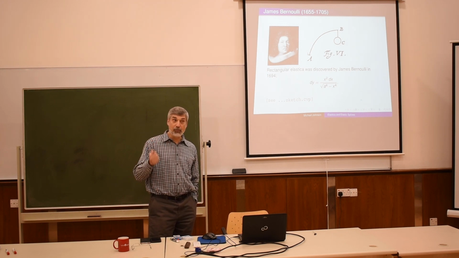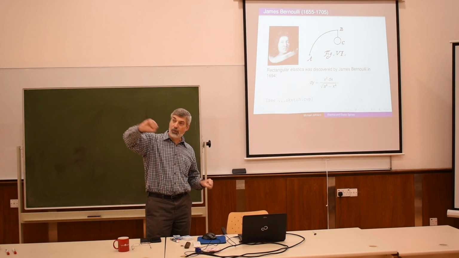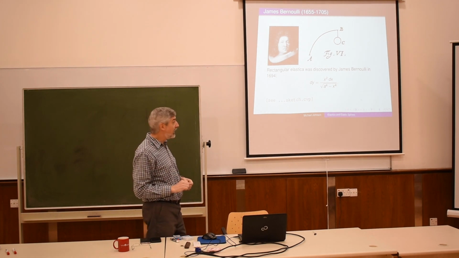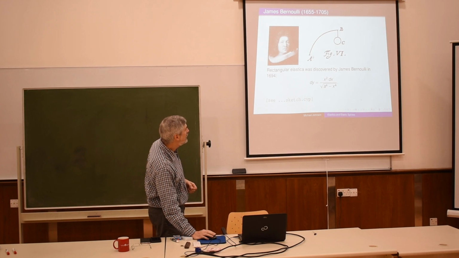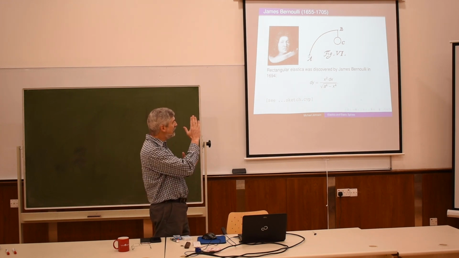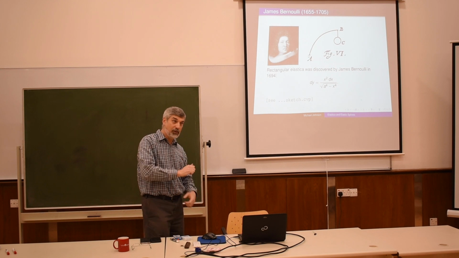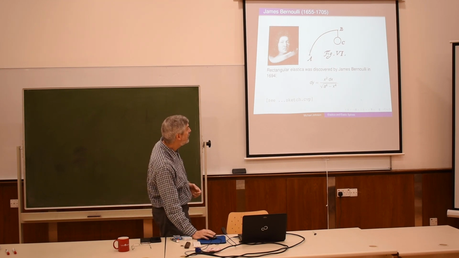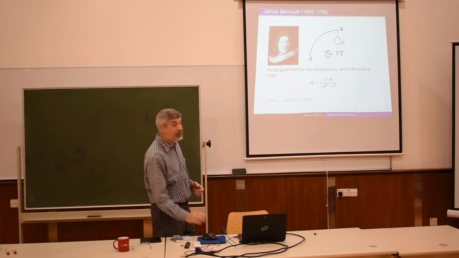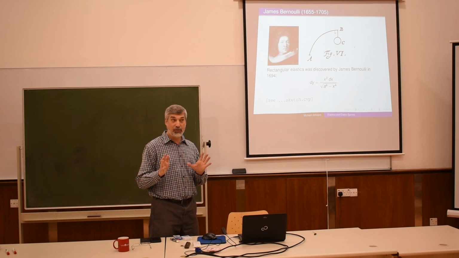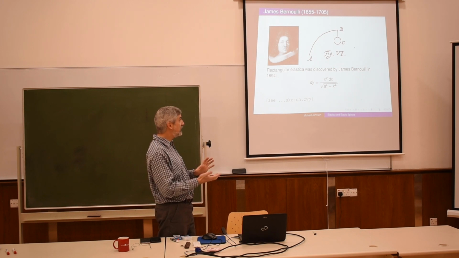You can think of it as a fishing rod, but it would have to be of uniform diameter. It starts off here vertical, so maybe it's been hammered into the ground, and then there's a weight hanging on it, and the weight is chosen so that this turn is 90 degrees. That angle right there is 90 degrees, and that's very important. This is somehow the simplest case of Elastica, and it's called rectangular Elastica because of that.